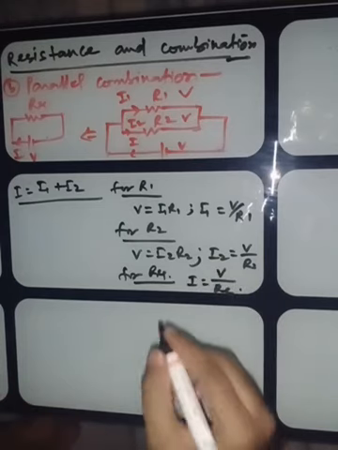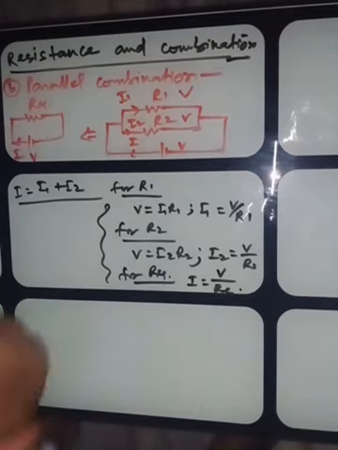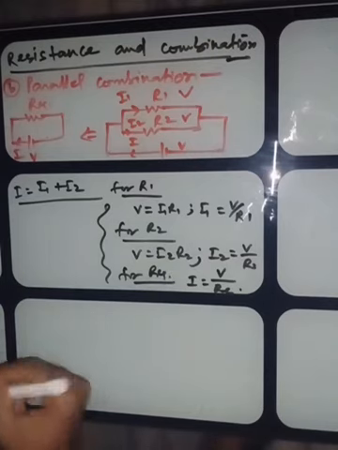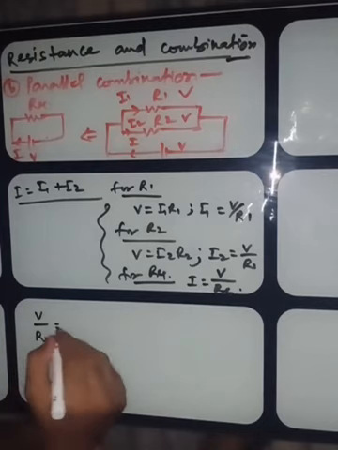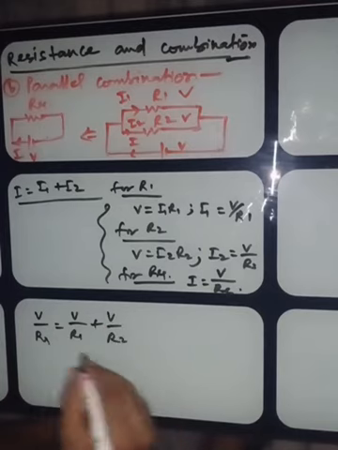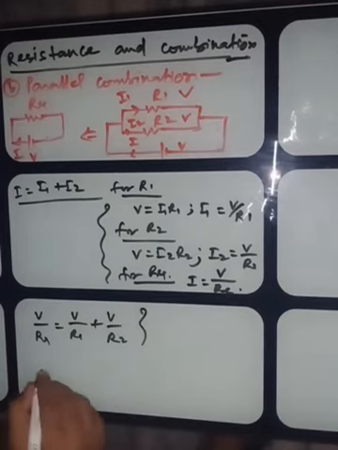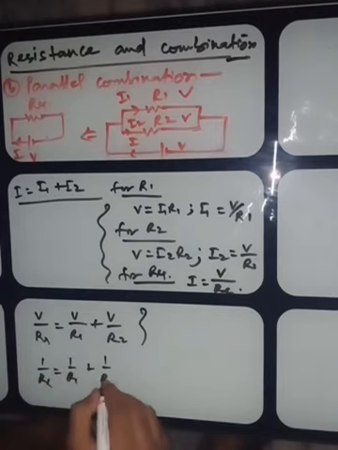Now you can put all these three equations in this one, and you will have V by R equivalent equals V by R1 plus V by R2. V will be cancelled out, and then you will have 1 by R equivalent equals 1 by R1 plus 1 by R2.